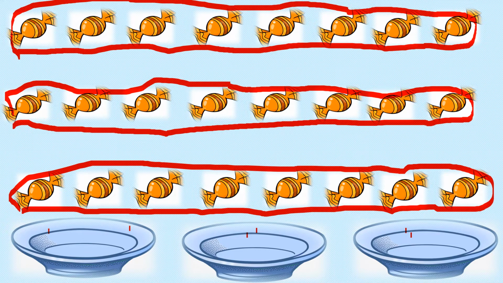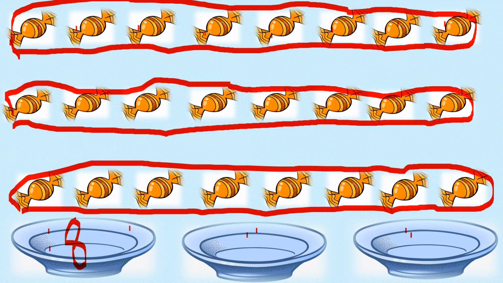Three rows or 3 groups. Now what we need to do is count how many are in each row to make sure that they're equal. 1, 2, 3, 4, 5, 6, 7, 8. So that first bowl will get 8 sweets. So I'm going to do the number 8 there. So imagine that whole row going into this bowl.